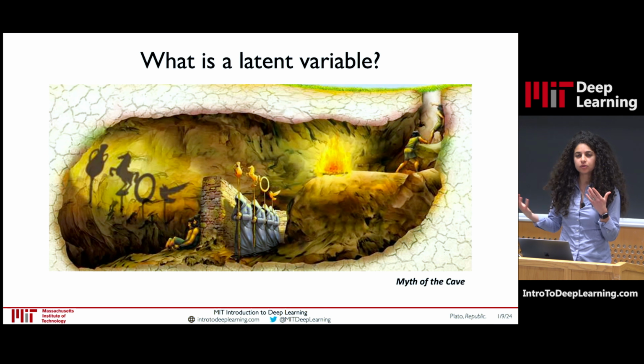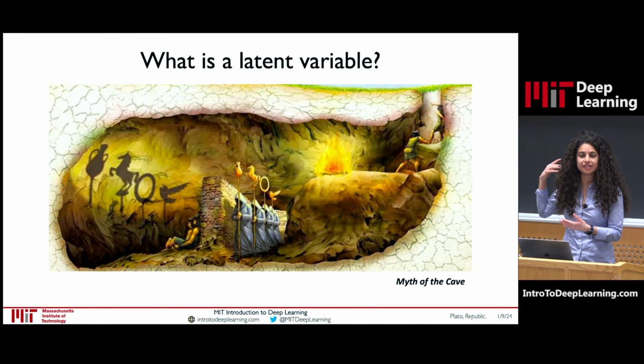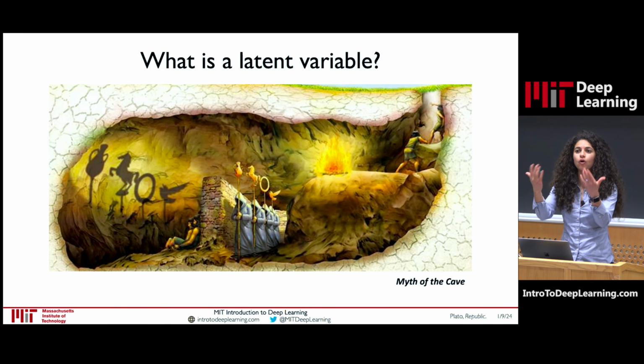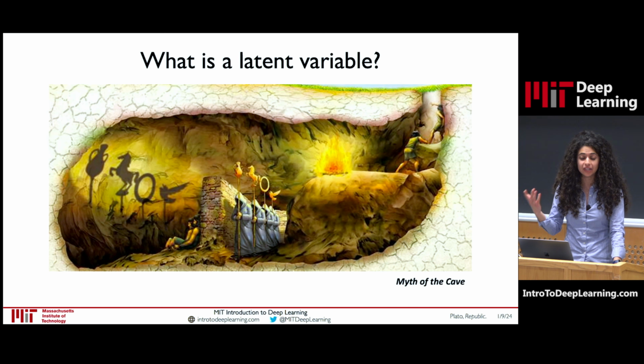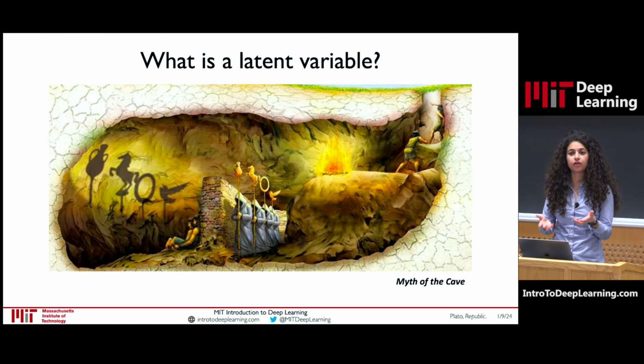And the prisoners are forced to only actually observe things that are projected in front of them on the wall of this cave. So what they're seeing is shadows of objects that actually exist behind them, and they're only seeing the shadow projection that appears in front of them on the cave wall. And so to the prisoners, these shadows are their reality. They're the only things that they're observing.